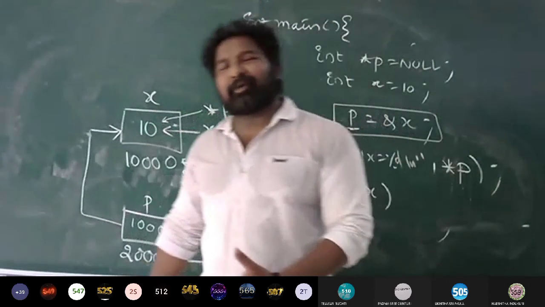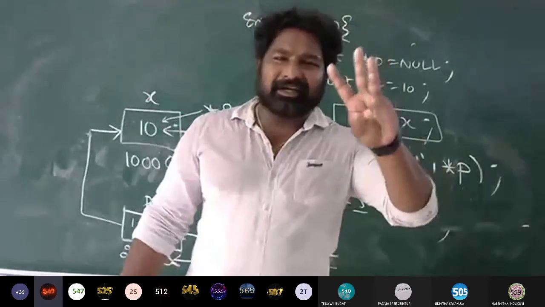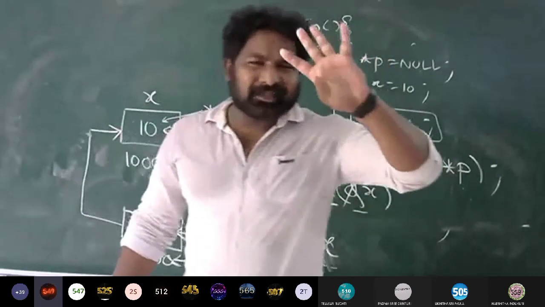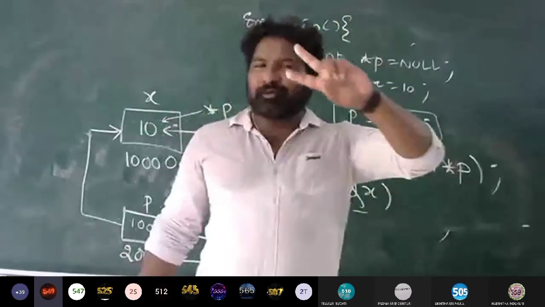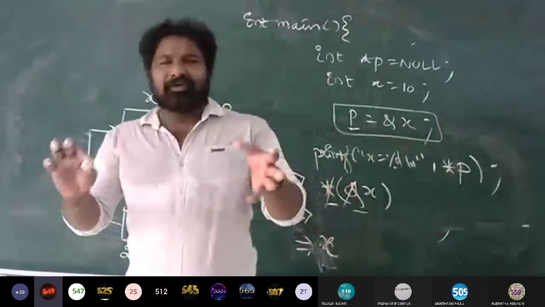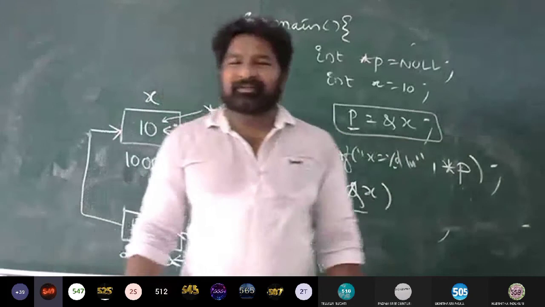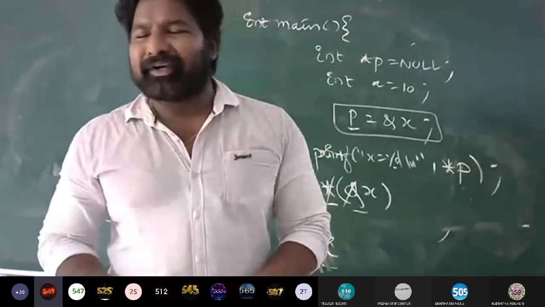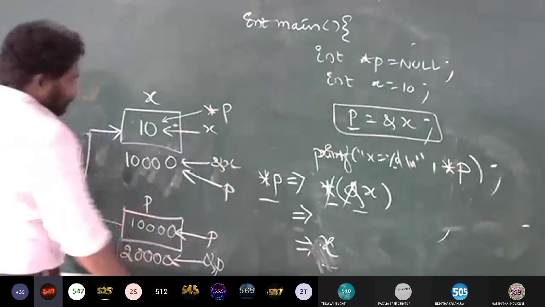On pointers, you can perform increment, decrement, addition with a number, subtraction with a number, and subtraction of 2 pointers. You can't add 2 pointers, you can't multiply 2 pointers, you can't divide 2 pointers, you can't take modulus with 2 pointers.